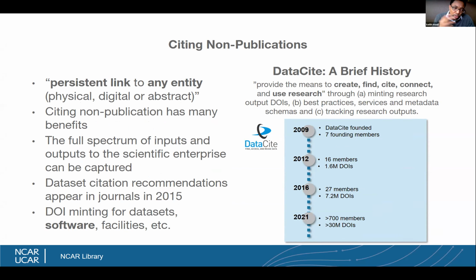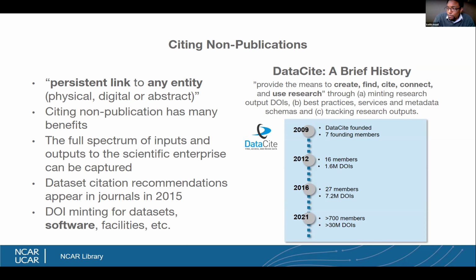In the earlier days of DOIs, people were minting DOIs for things that were not papers, but it was not necessarily a popular activity. For the most part, the initial drivers were for things regarding publication. Non-publication came to the attention of many people towards the mid 2005, 6, 7 range.